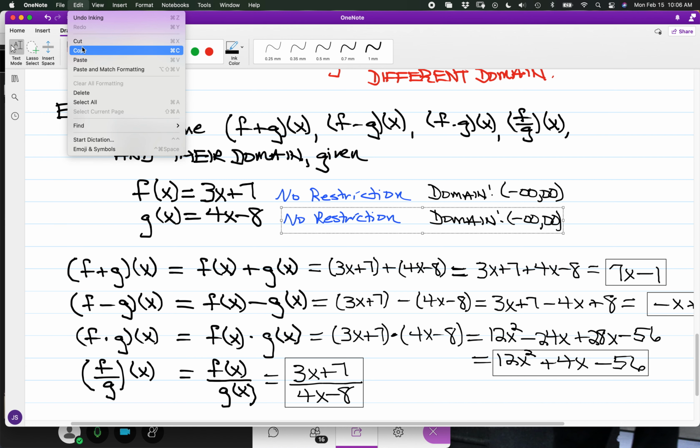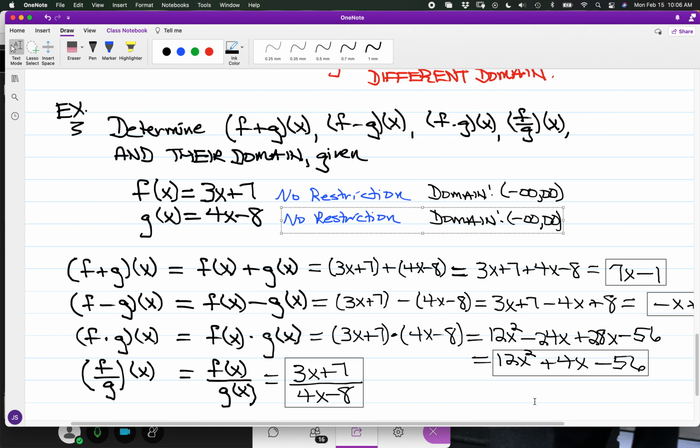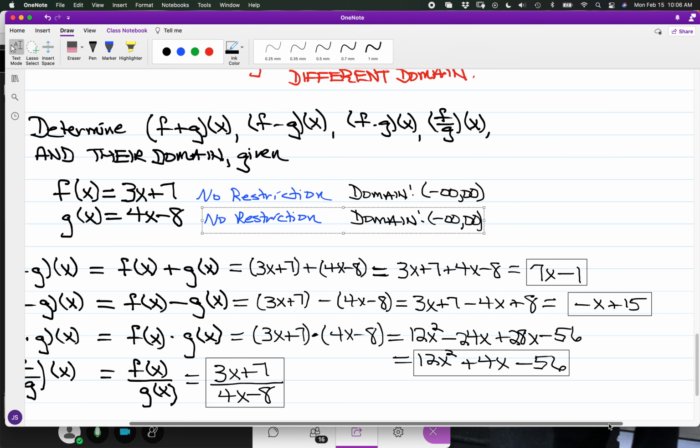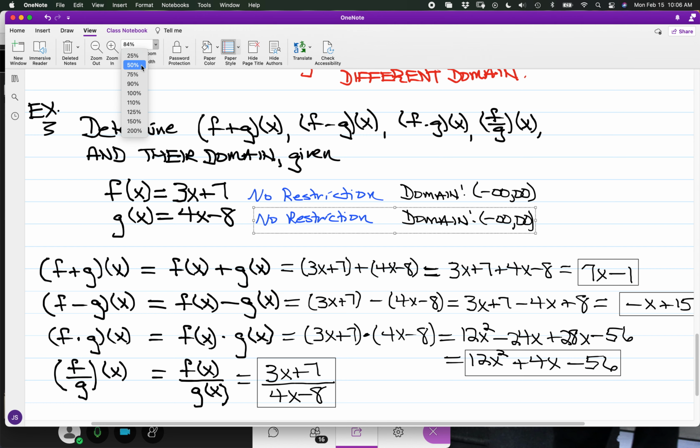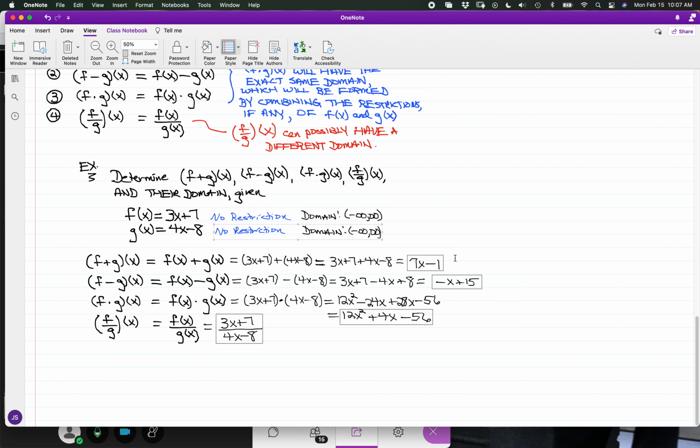And guess what? Neither f of x nor g of x will have any restrictions. So that means in the big picture, for the sum function, again, there's no restriction. For the difference function, we have the same thing.